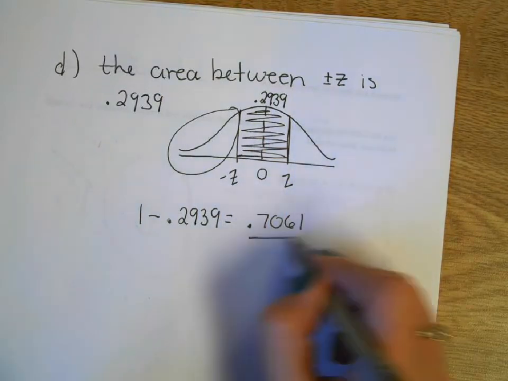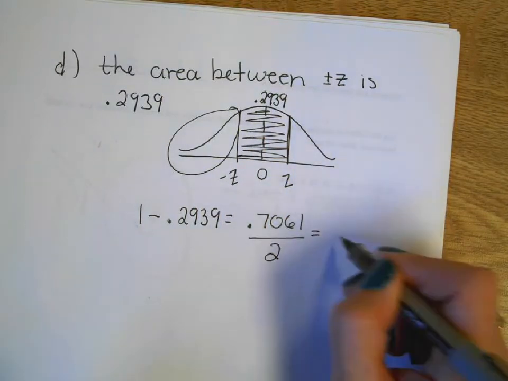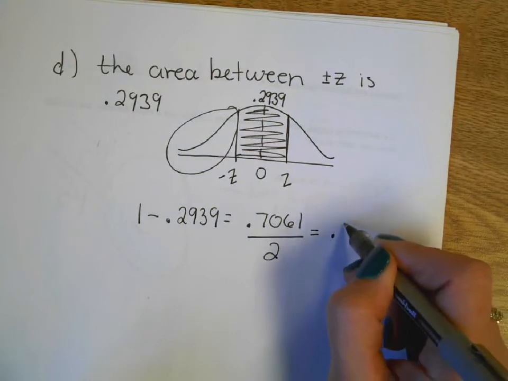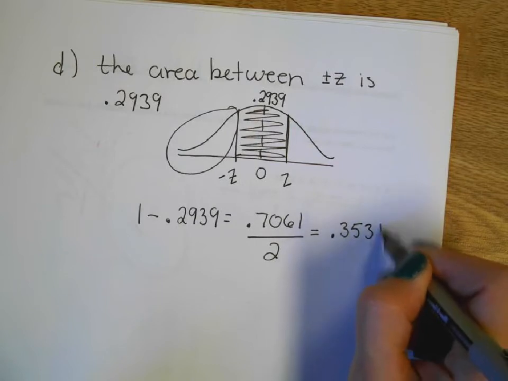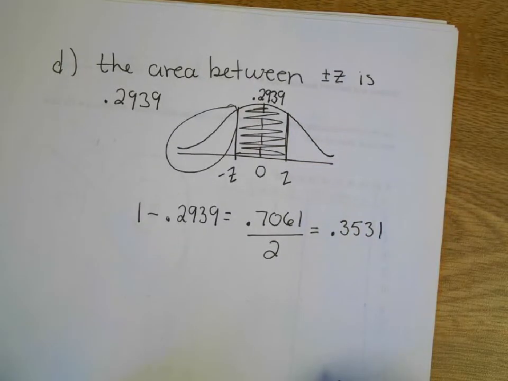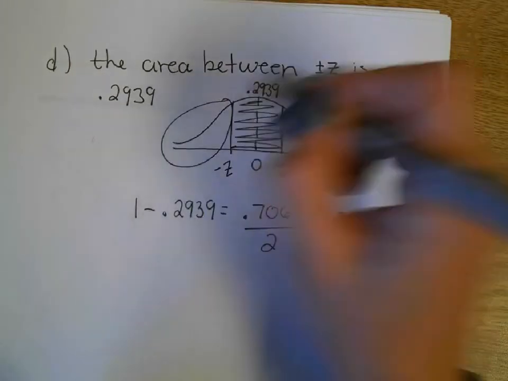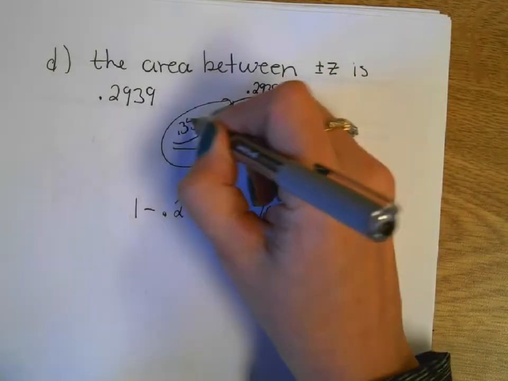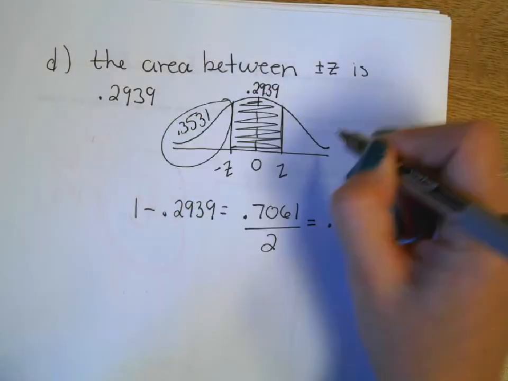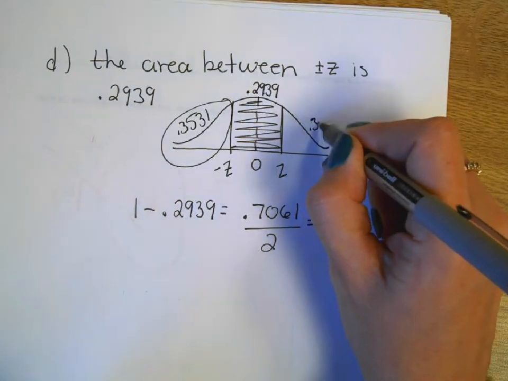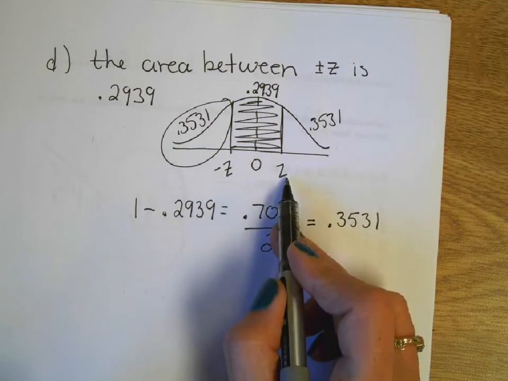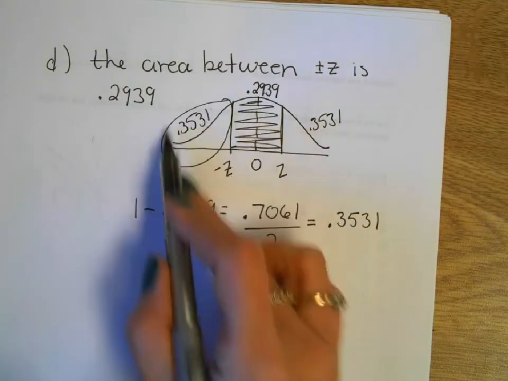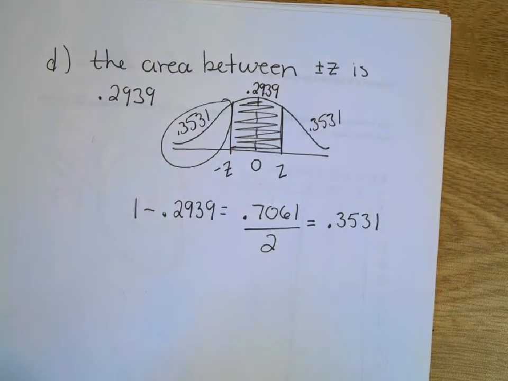If we divide that by 2, what are we going to have? 0.35305. To 4 places approximately, 0.3531 over here. So once I find the negative z, it's just the opposite of it for over here. So we can look up this one in the table. 0.3531.